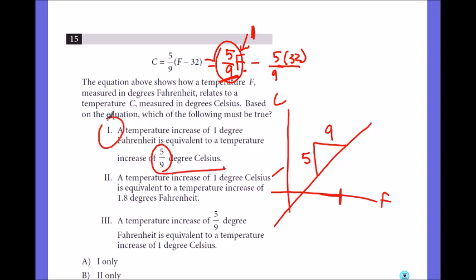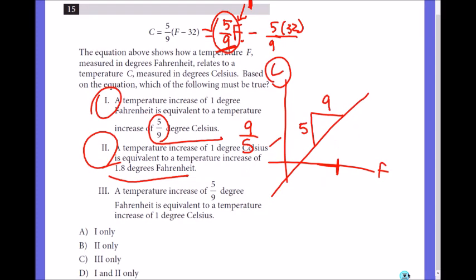That's true, right? Then, now they're asking about a temperature increase in C, which will be the reciprocal, reverse, will be 9 over 5, which is 1.8. So 2 is true too. 3, a temperature increase of 5 over 9 degrees Fahrenheit.